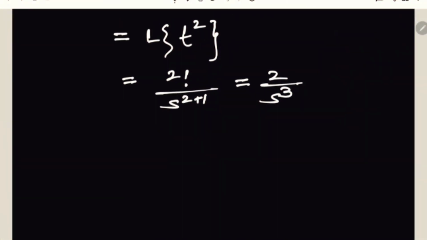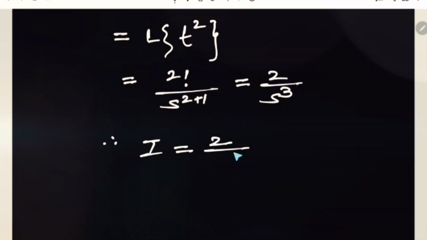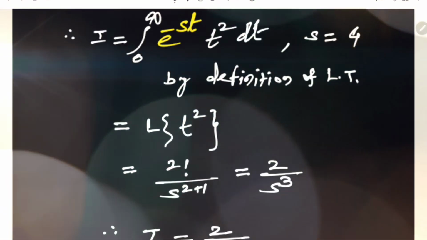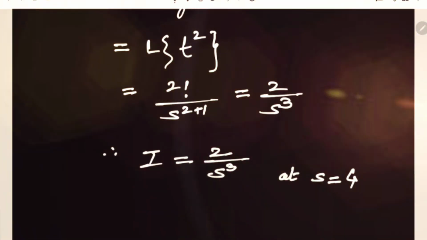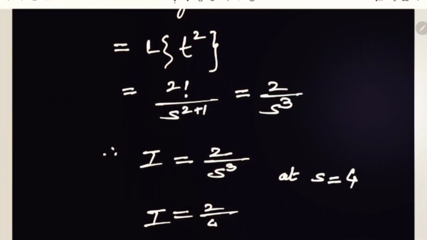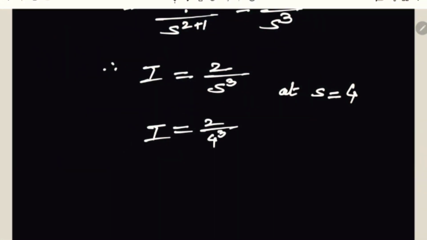And then at s equals 4, we get the value as 2 upon 4 cube, nothing but 2 by 64. Dividing by 2, we get the value as 1 by 32. The value of this definite integral is 1 by 32. A very simple example.